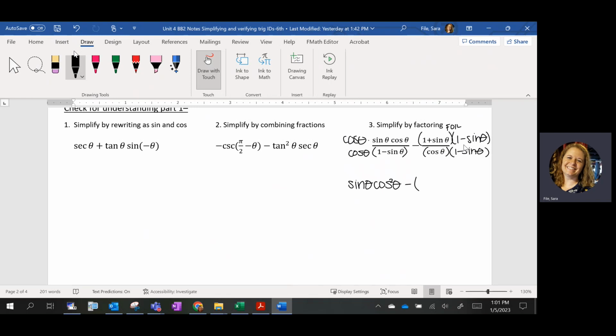The outer, 1 times negative sine, and the inner, 1 times sine, cancel each other out. So there's not going to be a middle, it's not going to be a trinomial. Okay, so I'll just have the 1 and then the minus sine squared. And then this common denominator that I created of cosine times 1 minus sine.